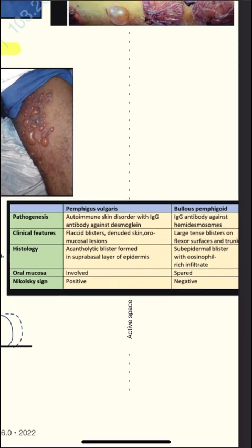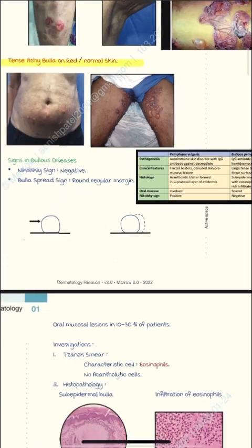Histology of pemphigus vulgaris shows acantholytic blisters formed in the suprabasal layer of epidermis, whereas in pemphigoid it is a subepidermal blister with eosinophil-rich infiltrate. Oral mucosa is involved in pemphigus vulgaris and spared in bullous pemphigoid. Nikolsky sign is positive in pemphigus vulgaris, whereas it is negative in bullous pemphigoid.